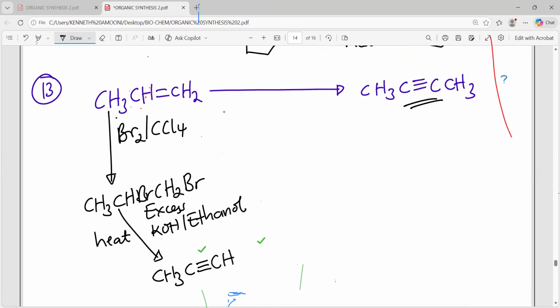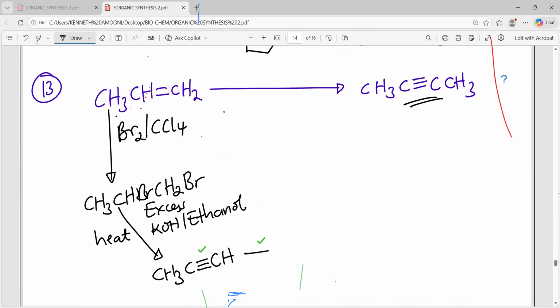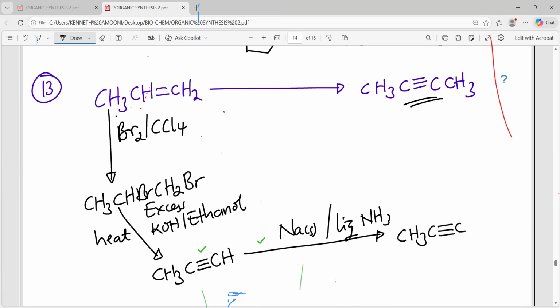Then after, I am going to increase the carbon chain. But the first thing is that we add sodium in the presence of liquid ammonia to form that compound. Then after, we are going to add an alkyl halide. The alkyl halide we can add is CH3Br.